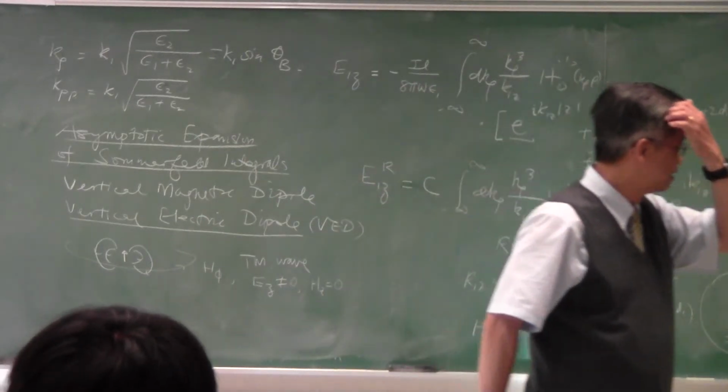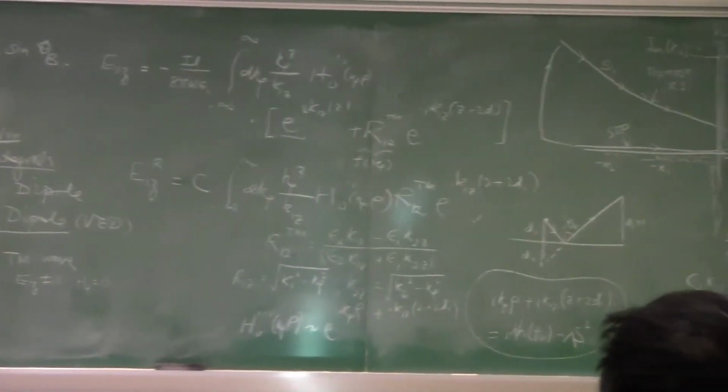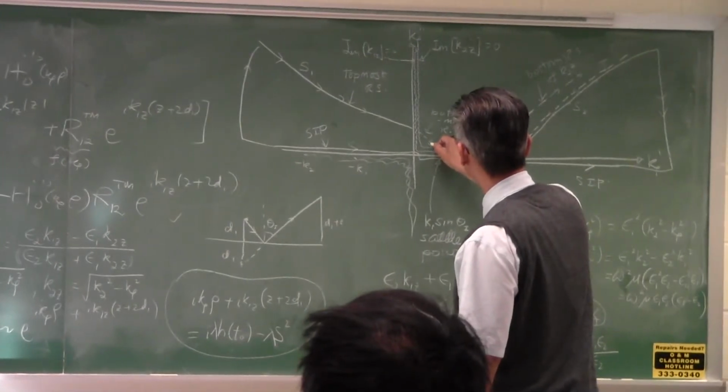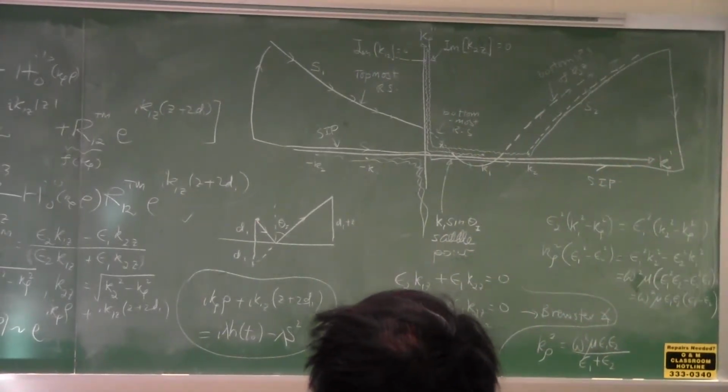Okay? And it turns out that if you do things properly, if there is in fact a pole, let's just hypothesize that the pole is here. Okay? Let's just assume that the pole is there. The 0 is also at the same location.